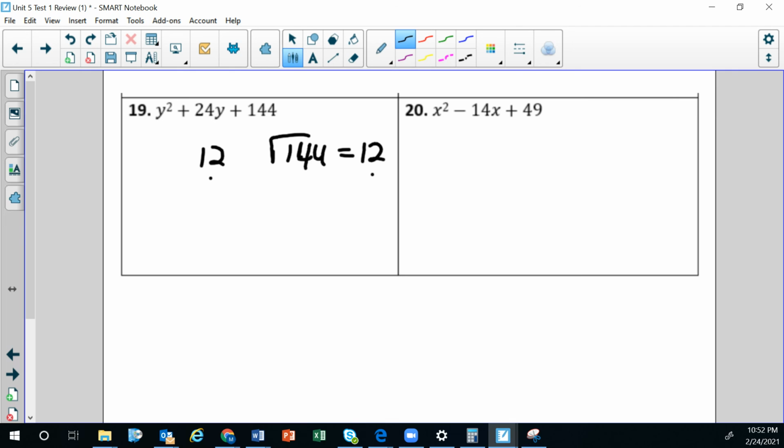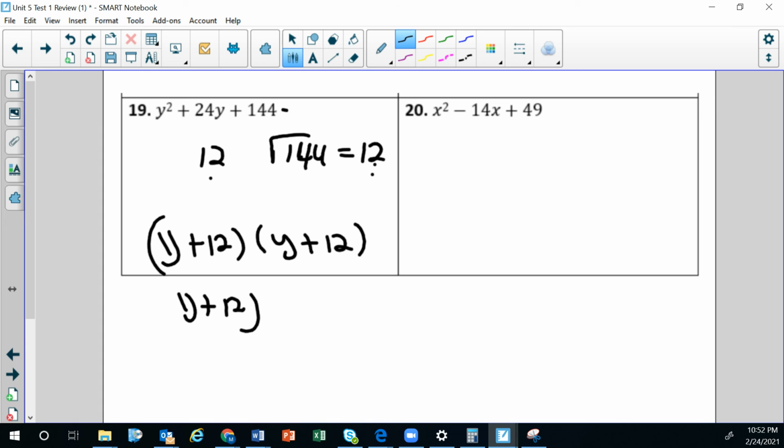So whenever you have a quadratic where you take the square root of the last term and you get 12, and you divide the middle term by 2 and get the same, there's a short way of writing this. The factors then become y plus 12 times y plus 12. Okay, that's it. You can shorten it as y plus 12 squared.